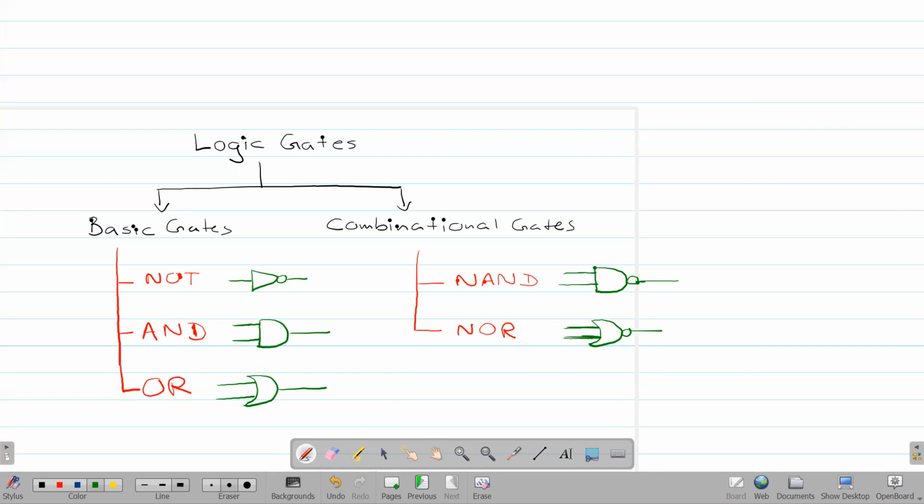Right, okay. So these are the two types of gates that we need to learn about. Is that clear, everyone?